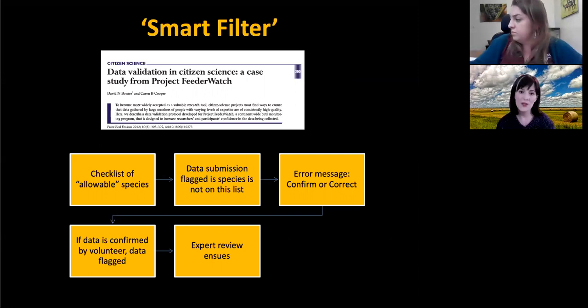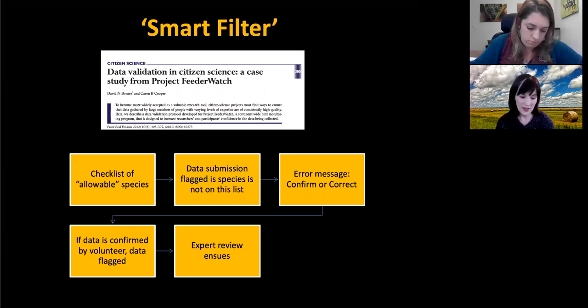So when a citizen scientist would submit a data record, if the species was not on that list for that area, that data record was flagged. The first flagging was an error message where the citizen scientist could confirm or correct the species that they were trying to enter.